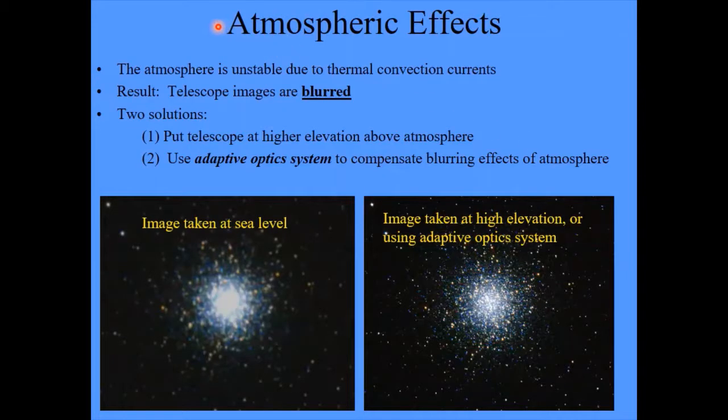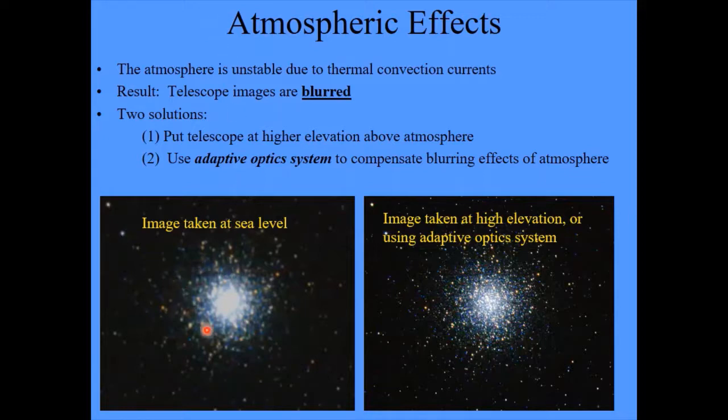One of the other challenges is the effects of the atmosphere. On a hot day, you've probably seen the air shimmering above maybe a parking lot or even above the top of your car. This is due to the thermal effects of convection currents, of warm air rising up and causing the shimmering, blurring air, and the air becomes very unstable.